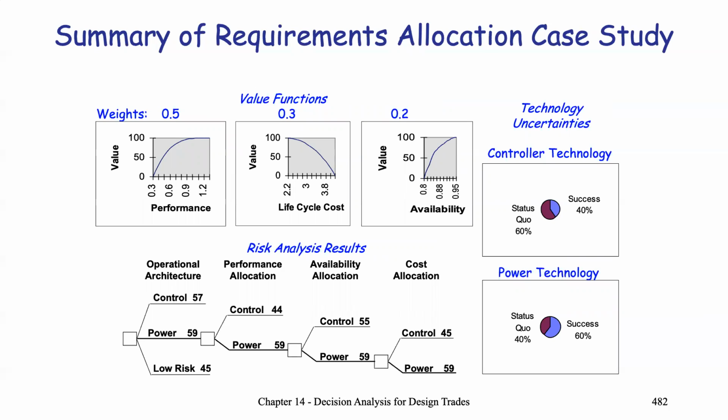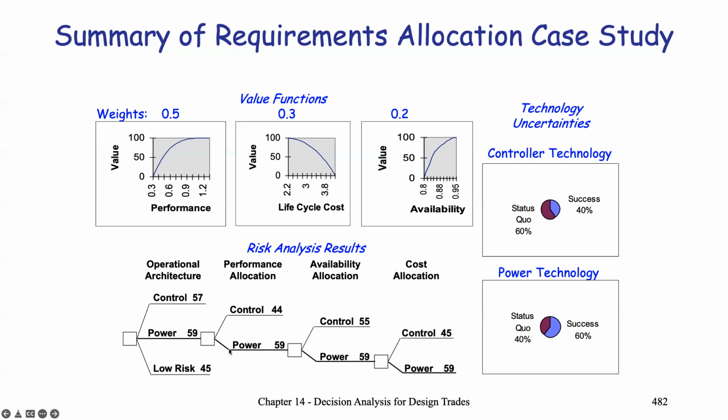Now we get into an example where we're starting to pool some of these together in a couple different ways. Here's a summary of the requirements allocation case study. We have performance, life cycle cost, and availability, and we have the weights that are assigned for each one of those. In the operational architecture, we can be looking at control, power, and risk.